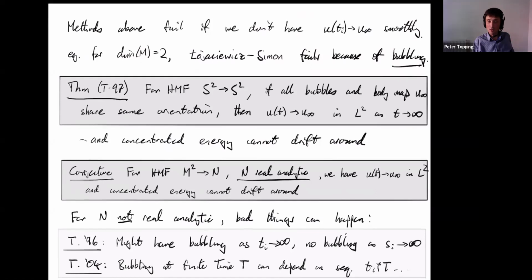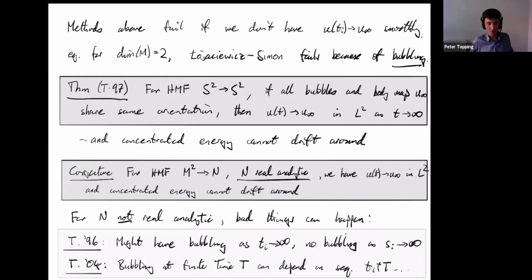There's also the question, I think this is almost the last thing I'll say about bubbling, of bubbling at finite time. So singularities can occur at finite time in the harmonic map flow. And there's a well-known way that was initiated by Struwe, following Sacks-Uhlenbeck in some sense, to extract bubbles from singularities. So you do some rescaling. And then there's a question of whether you have any non-uniqueness now. So you don't have non-uniqueness of the form of concentrated energy moving very rapidly around.